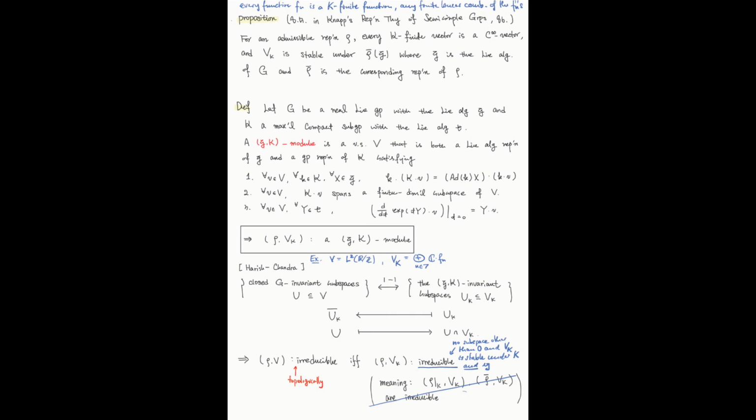In this example, every K-finite vector is also C-infinity, and that is true in general by the next proposition from Knapp: a K-finite vector is a C-infinity vector, and V_K is stable under ρ of the Lie algebra. Because every K-finite vector is C-infinity, we have also a derived action.